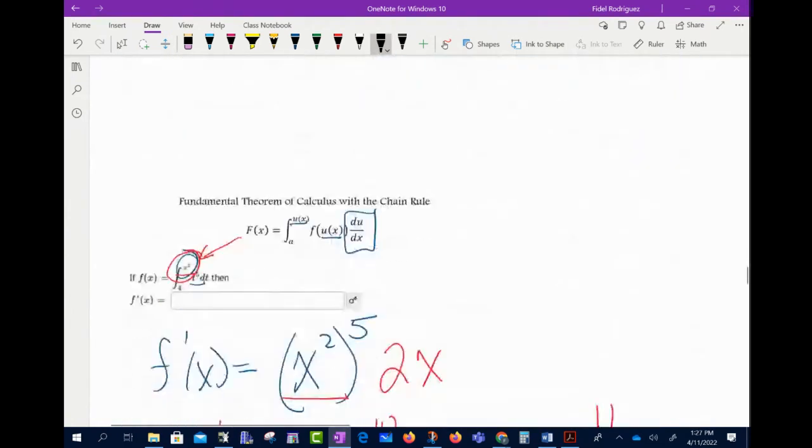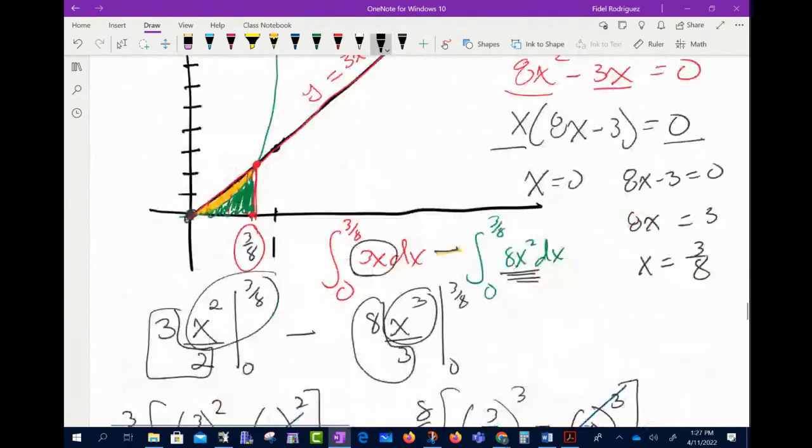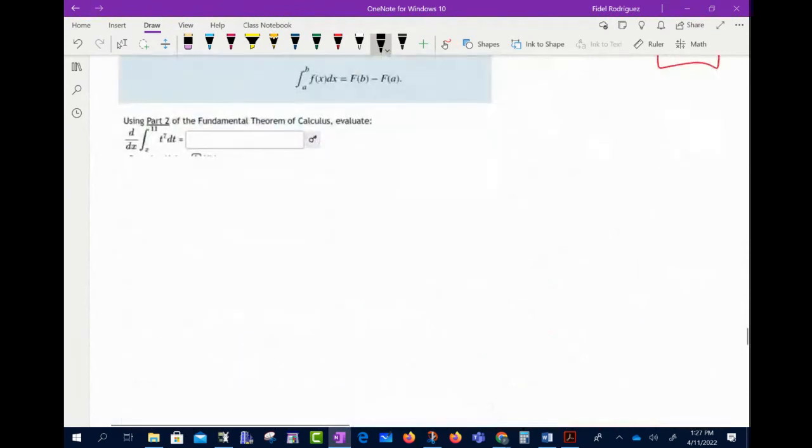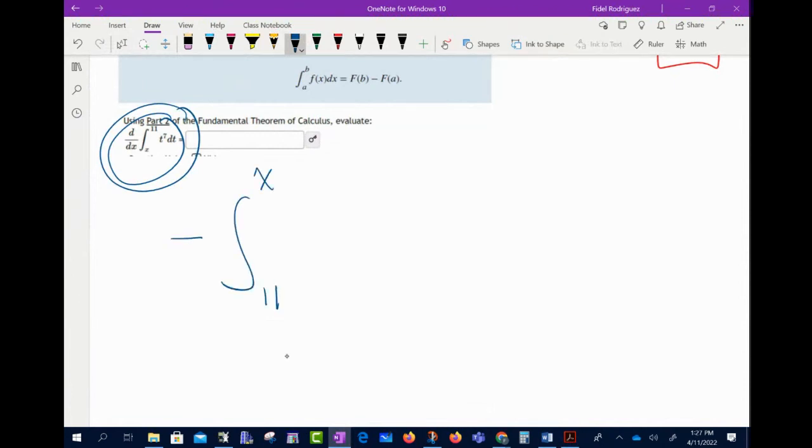So if I scroll back to these problems that I have here now, I want you to notice something. What's different is my bottom limit now has the variable and my top limit has the constant. So the way we can actually fix this, we can put a negative in front. And now we can reverse those limits.